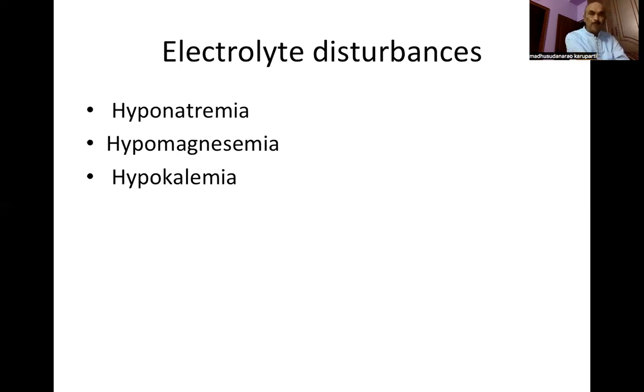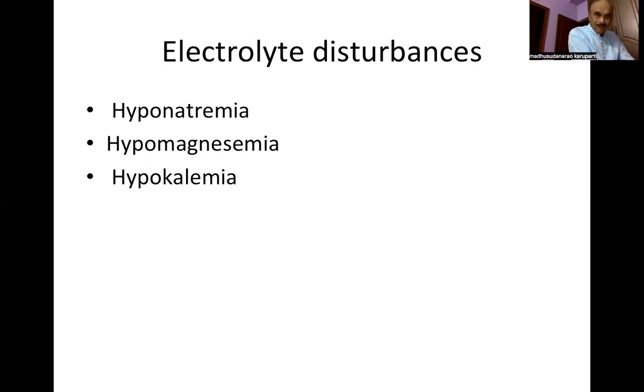Electrolyte disturbances. Hyponatremia is going to cause weakness of the muscle. Secondary to the hyponatremia is a risk factor to develop cerebral edema because of the hypotonicity of the fluid.